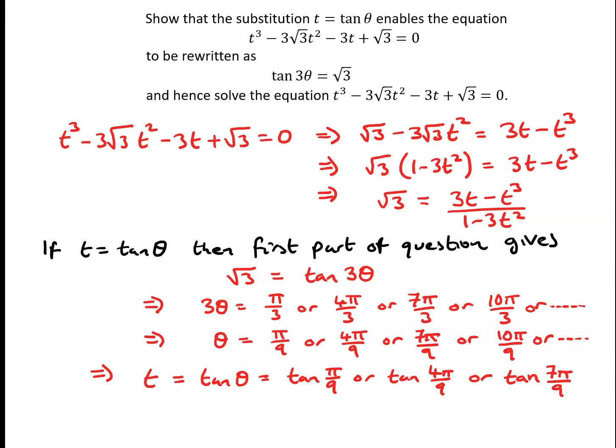Similarly, tan of 13 pi by 9 would be exactly the same as tan of 4 pi by 9. So we've only got those 3 different values of t. So we've found the exact solutions of the cubic equation: t equals tan of pi by 9, tan of 4 pi by 9, or tan of 7 pi by 9.